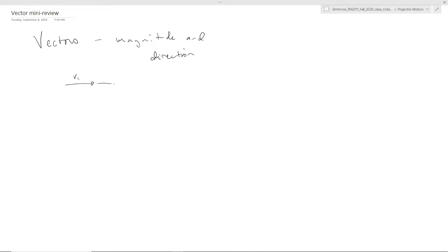The simplest case being, if you have two vectors that are pointed in the same direction, if you add them together, you would have a vector that has the length of both. Or let me just give you a few examples.